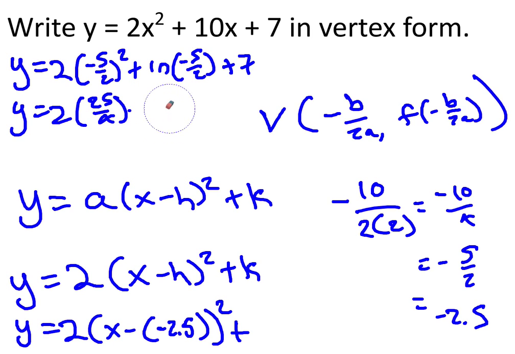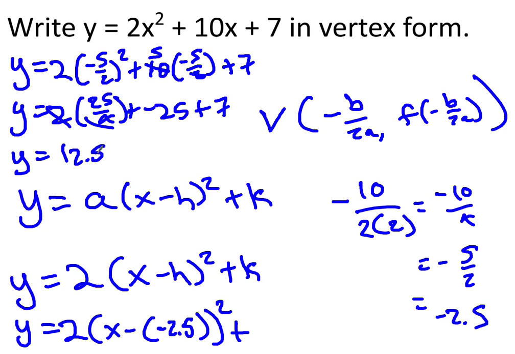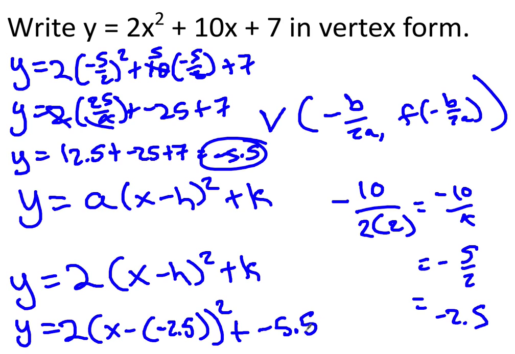So I could have, instead of multiplying that out, this is 10. 10 and 2 cancel out and leave me with 5. 5 times negative 5 is negative 25 plus 7. So y is equal to 2 and the 4 cancel, and I'm left with 25 over 2, which is 12 and a half, plus negative 25 plus 7. Negative 25 plus 12 and a half is negative 12 and a half, plus 7 gives you a negative 5 and a half. So that is our k value, negative 5.5.